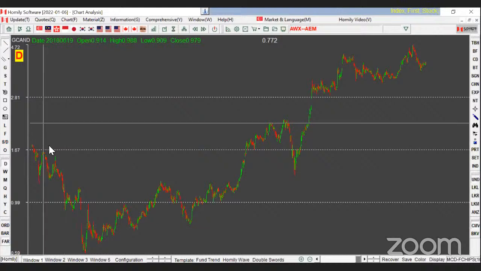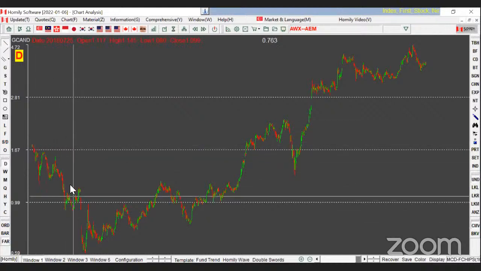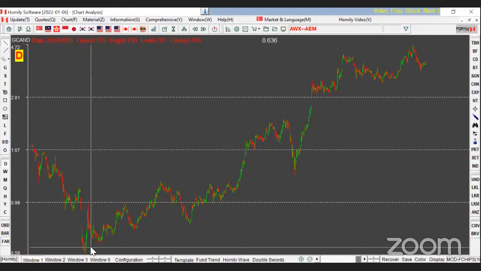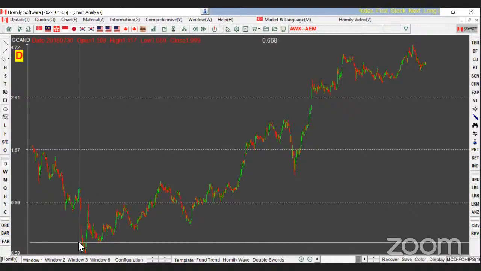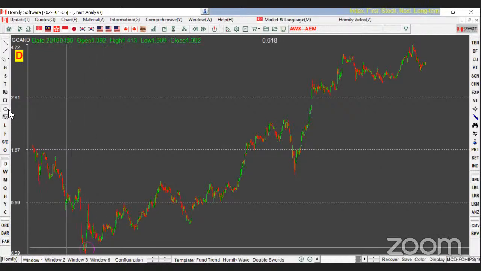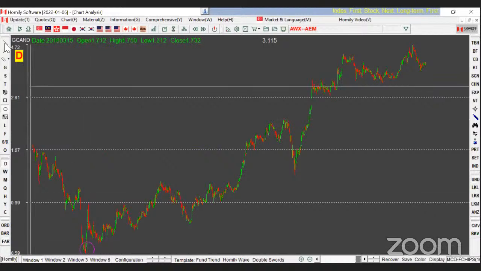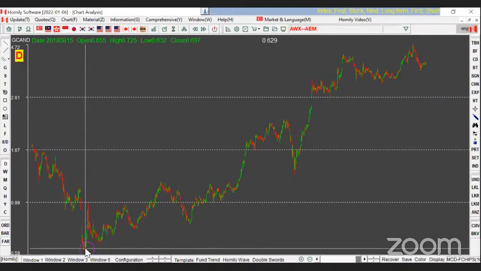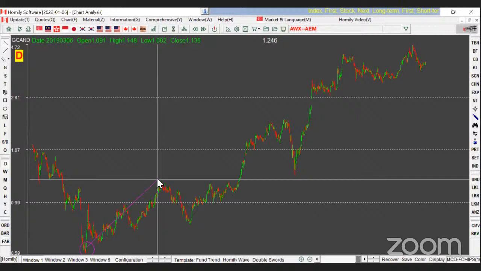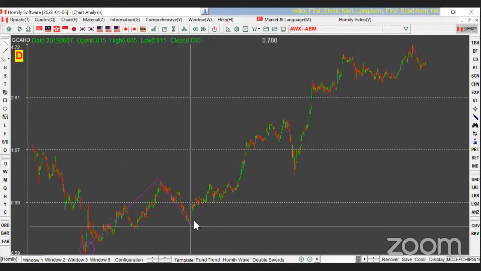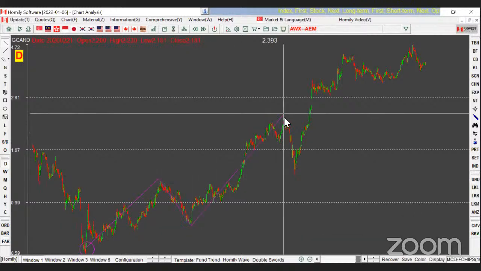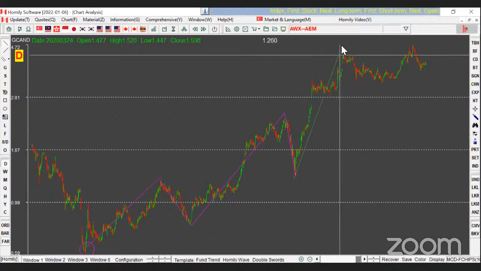We say this is a medium-term to long-term correction, a big correction here. Then the price hit the bottom here, right? So if you begin to count here, how to count? First wave, second wave, third, fourth, fifth.